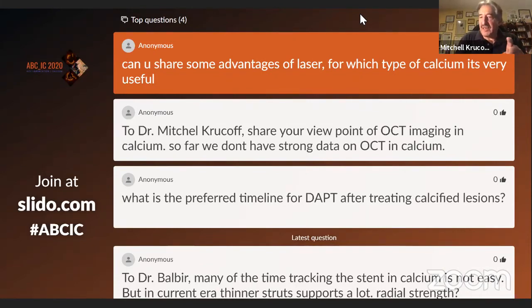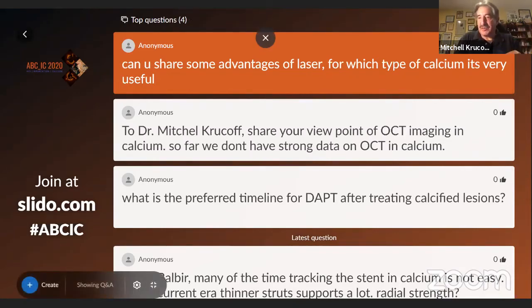Now with eccentric cutting, I think the ability to, for instance, focus on a nodule or something, if you can get an OCT down and see directionally where it is, that becomes very valuable. But a lot of these lesions, you can't cross them with a wire or a 1.0 balloon. You can't cross them with an OCT.